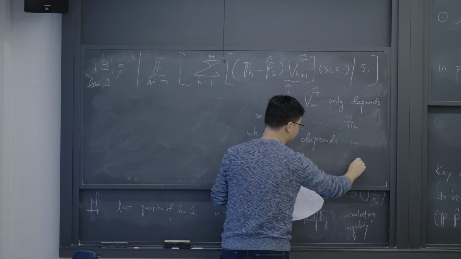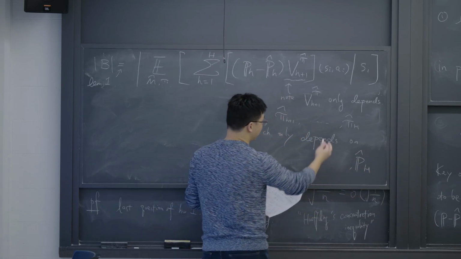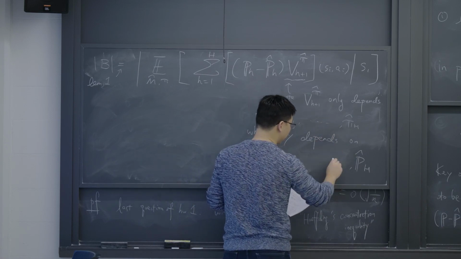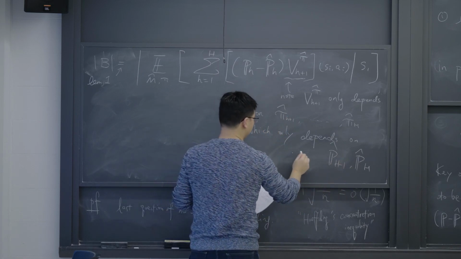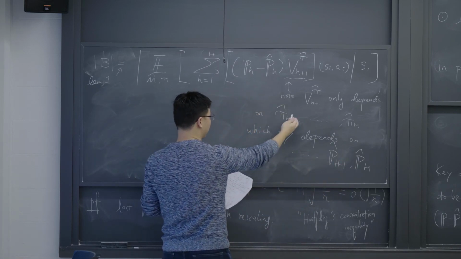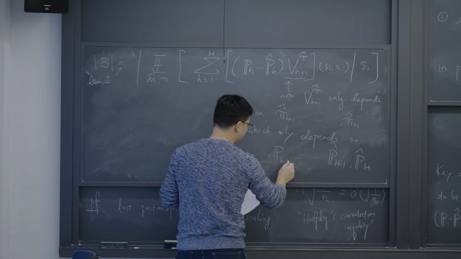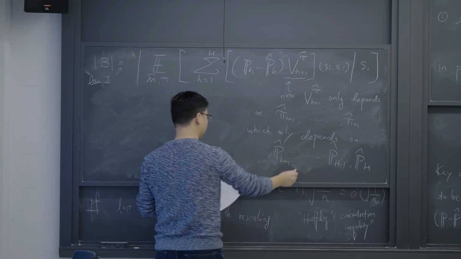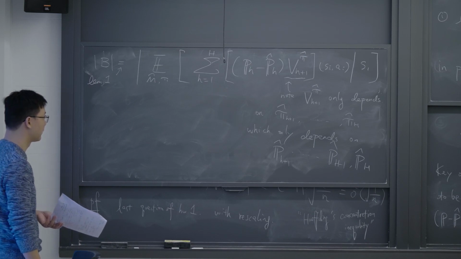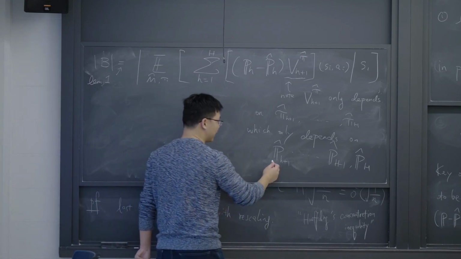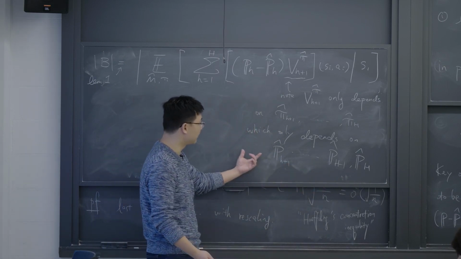Pi hat H only depends on the randomness in p hat H, the very last step, while pi hat H minus 1 depends on the randomness in the last two steps. And until the very first policy, pi hat 1 depends on the randomness in all the steps after. The important thing is it only depends on data in the later steps, the next states in the later steps. It doesn't depend on the next states in the previous step.